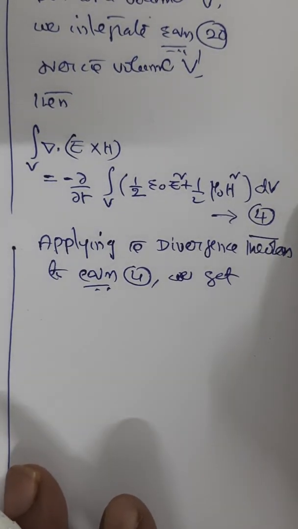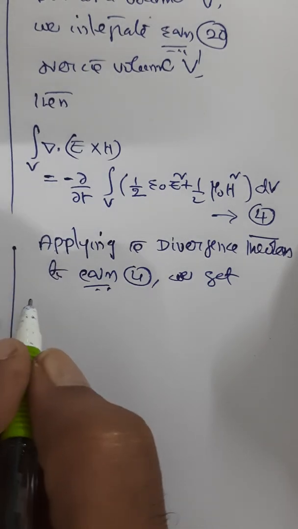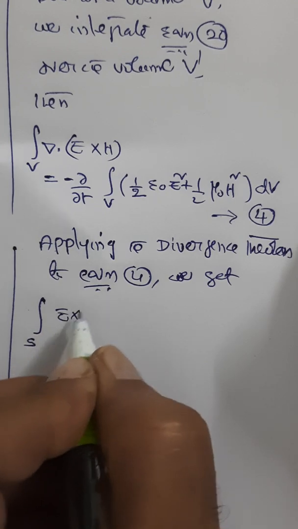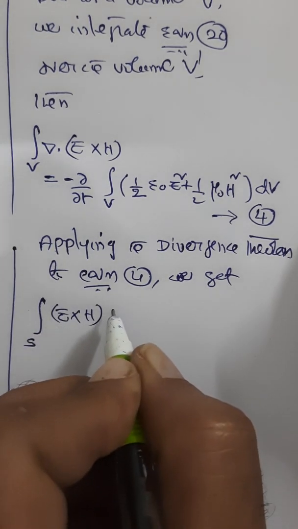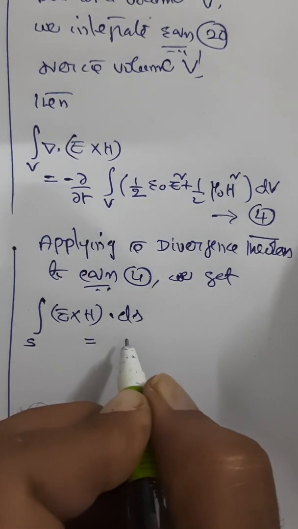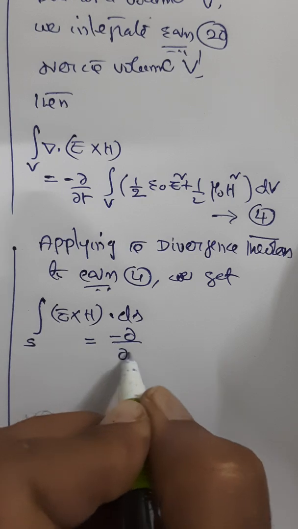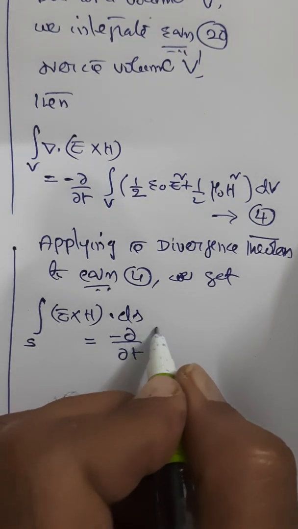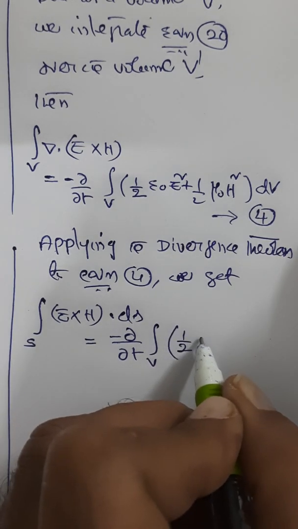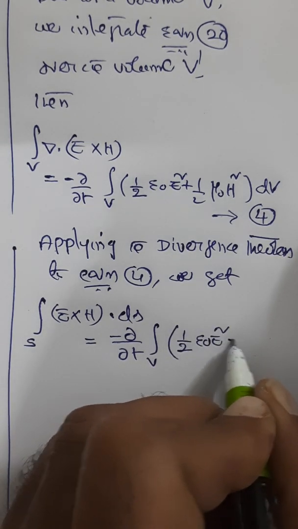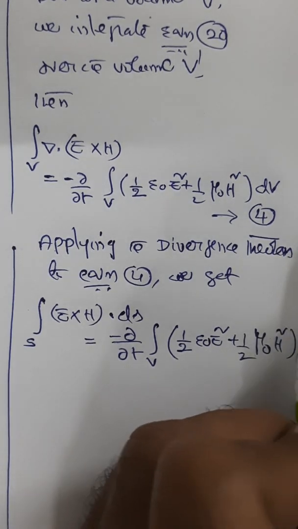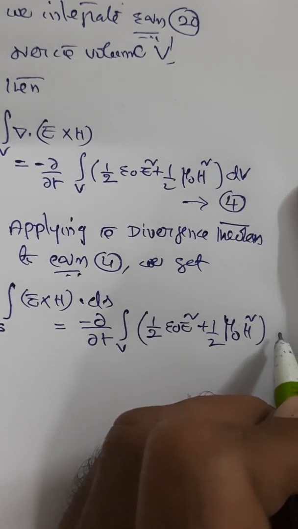The divergence theorem talks about the surface integral. So therefore, it is the surface integral of E cross H dot ds, equal to minus dou by dou t of the volume integral of 1 by 2 epsilon naught E square plus 1 by 2 mu naught H square into dV.